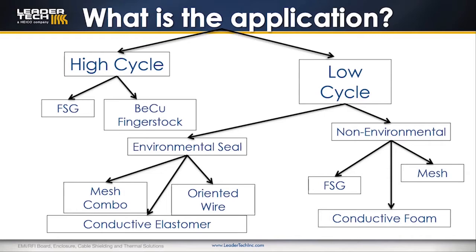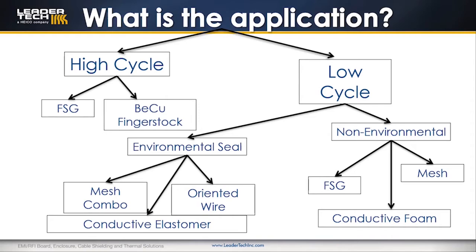This slide shows the two classes and the enclosure shielding products we offer for each. For high cycle applications, we offer FSG, which is an acronym for Fabric Shielding Gasket, and beryllium copper fingerstock. For low cycle applications that also offer an environmental seal, we offer knitted wire mesh combo gaskets, oriented wire, and conductive elastomer products.